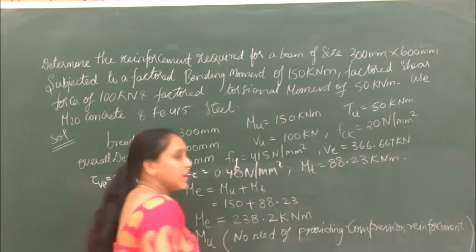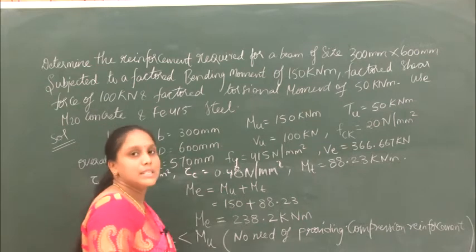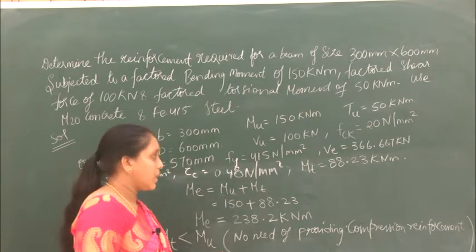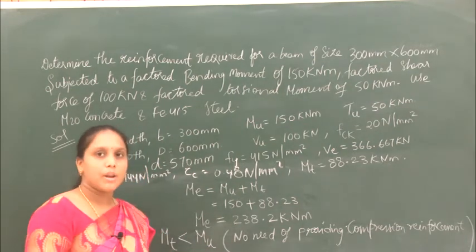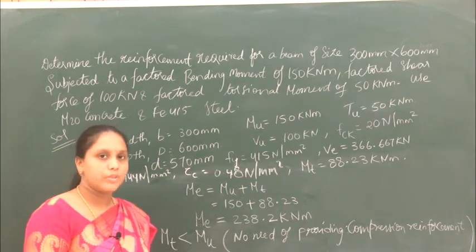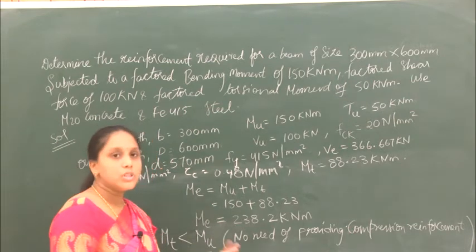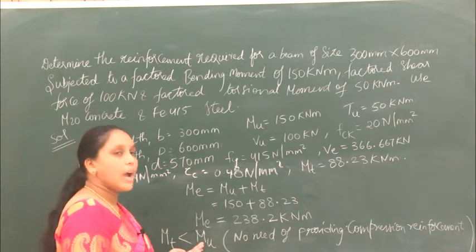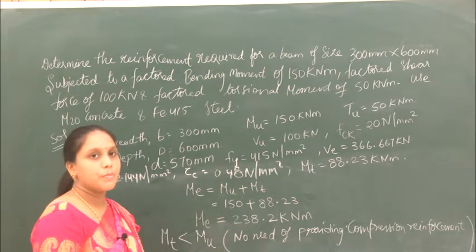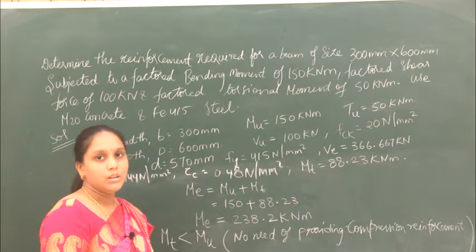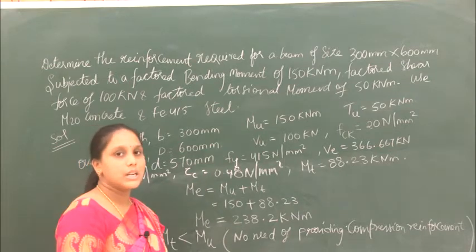Simply you can say that this is a singly reinforced beam. You can design by using the same formulas and equations that you have used for the singly reinforced beam. So we have to design for the provision of reinforcement only in the tensile zone. So it is considered as a singly reinforced beam.